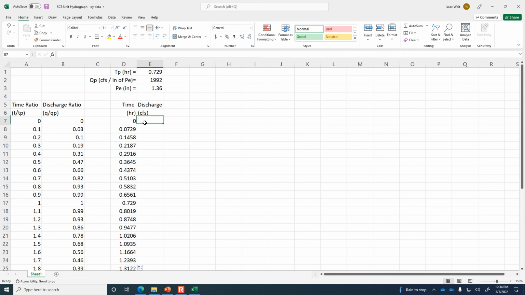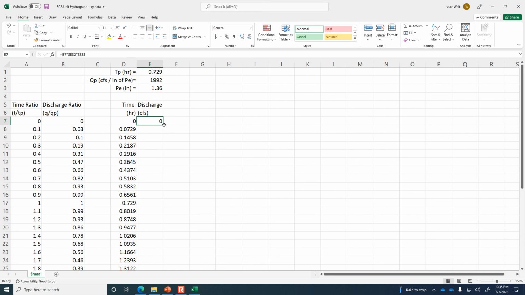So the formula is going to be the discharge ratio multiplied by Q sub P, anchoring the reference with the F4 button, times this cell where we've got the precipitation excess that we're actually going to see for this 2-year storm event. Because we're not seeing a unit of rainfall excess, we're seeing more than a unit of rainfall excess. And so the discharge is going to be higher than the peak flow of 1992 CFS.